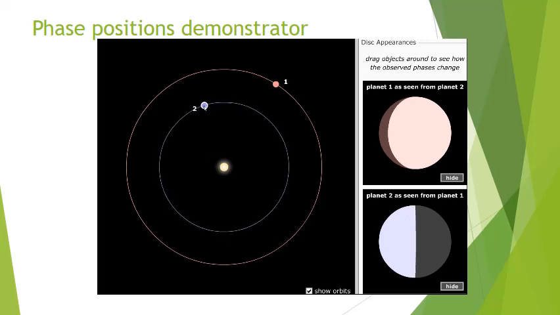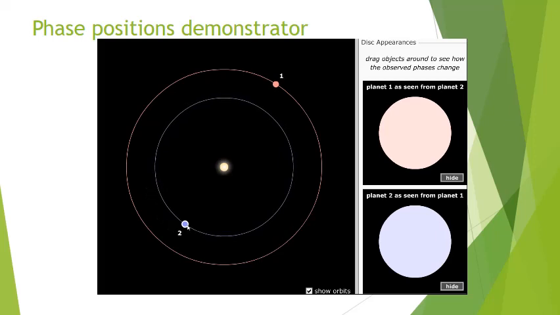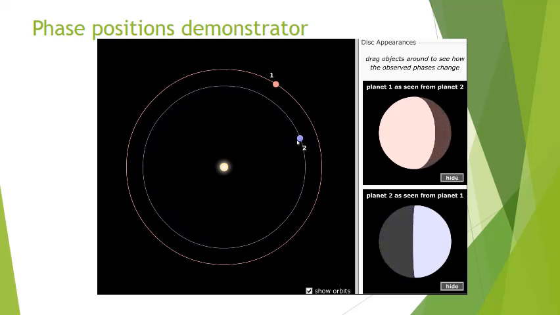And notice when Venus gets to this position, now it's getting into gibbous Venus. And again, this is only possible in the heliocentric model, when Venus is between the Earth and Sun. So eventually you get to full Venus, gibbous Venus, and then back to crescent Venus.